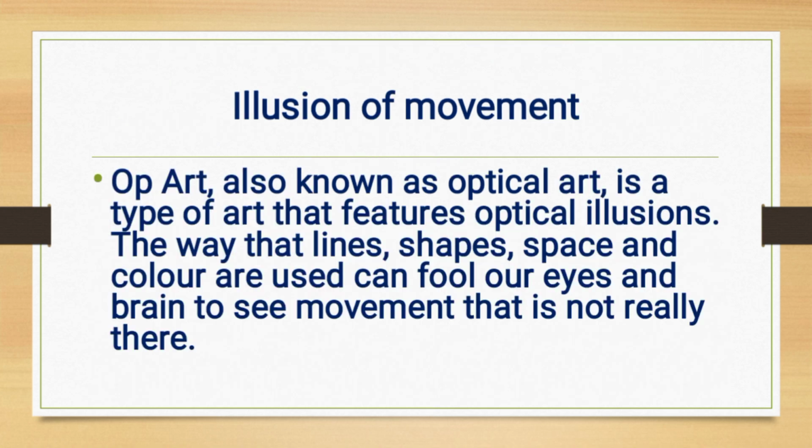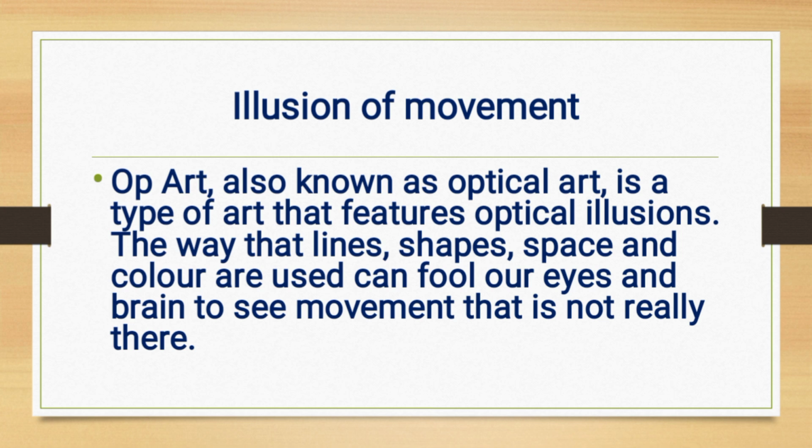Illusion of movement. What is illusion of movement? The word illusion means something that is not real, something that is not there, something created just by the eye, a mirage. One of these can be ascribed to op art, also known as optical art.